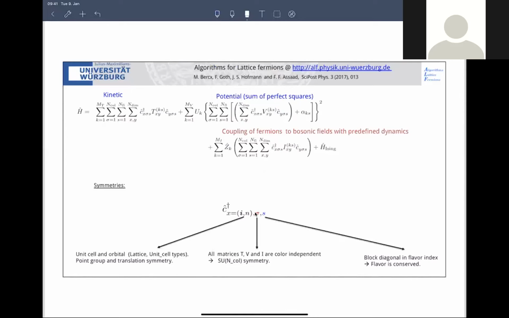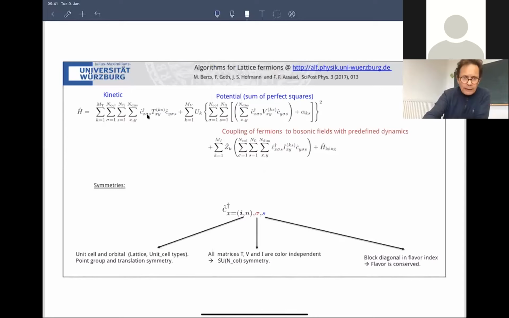Then we have a variable s, which we call a flavor. That's another index, if you want, to the C dagger. Essentially what you will see is that everything is diagonal in s, right? So you have here s s, this is diagonal in s.